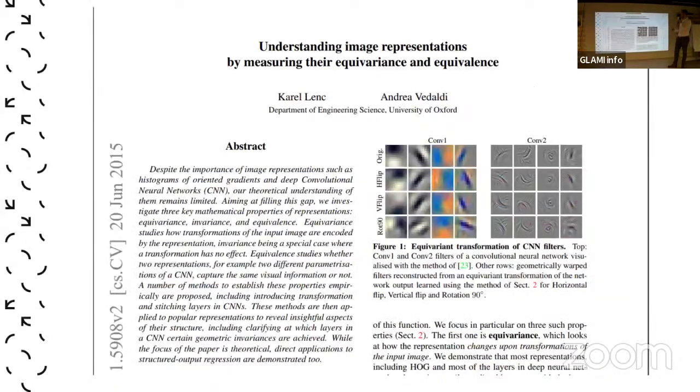And it turns out that convolutional neural networks are capable of learning equivariance to quite a high degree. So if you have enough data, if you have enough weights, if you train for long enough, the neural network usually is able to a very good degree to learn the equivariance.